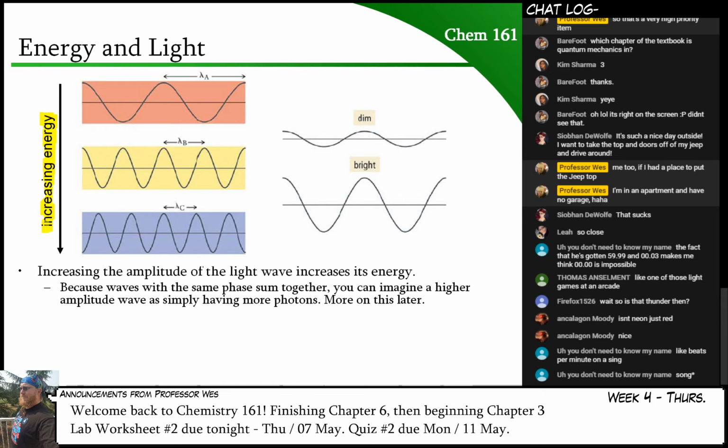But if we look at amplitude, increasing amplitude also increases energy. What that means is that if I have multiple waves with the same phases, then a higher amplitude wave is just more photons. And if I have more photons, I therefore have more energy.